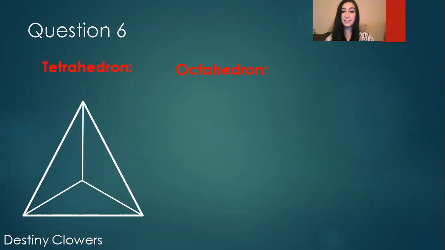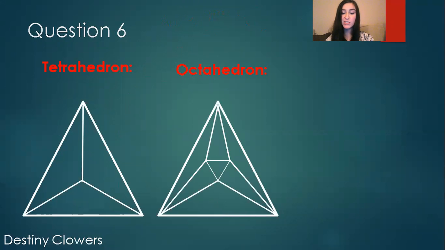Next, we're asked to draw an octahedron. Now this one gets a little more complex because notice the prefix octa. Y'all probably recognize that. That means 8. So that means that this shape is going to have 8 different faces. So an octahedron, the definition says that it's a 3-dimensional shape having 8 equal triangular plane faces.